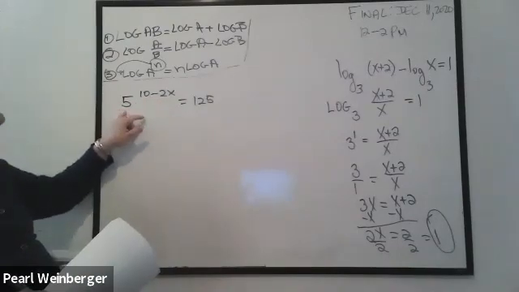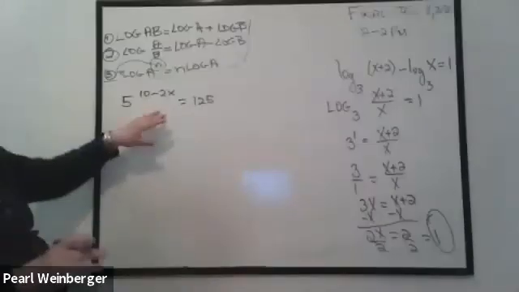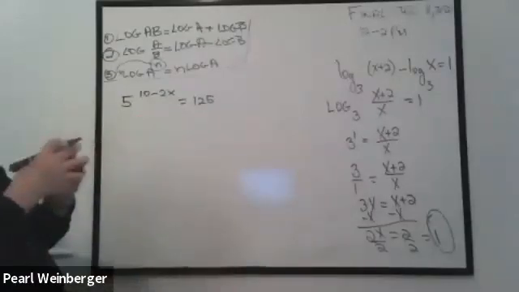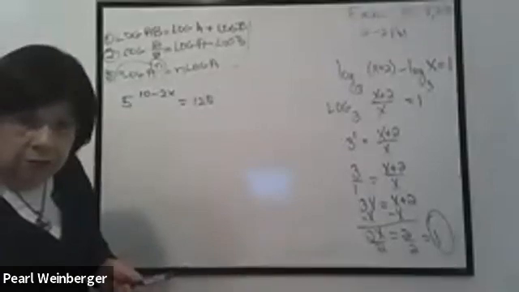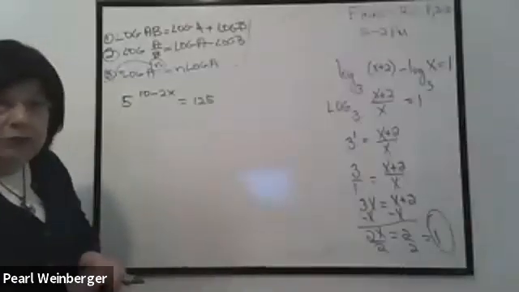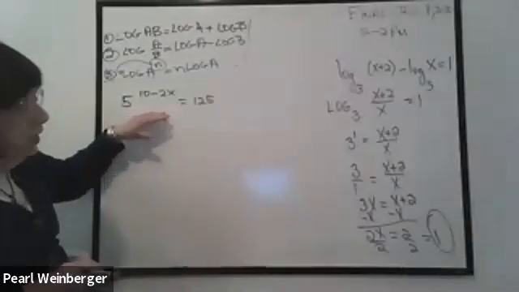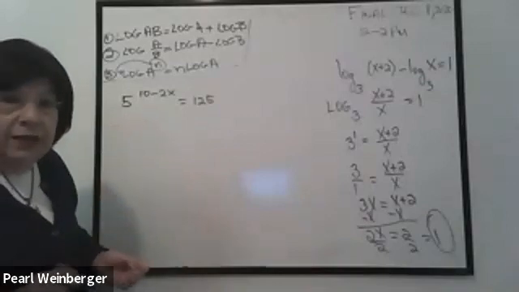We know the base, we just don't know the exponent. So there are two types that you might come across. This type, we try to put both sides of our equation into the same base.